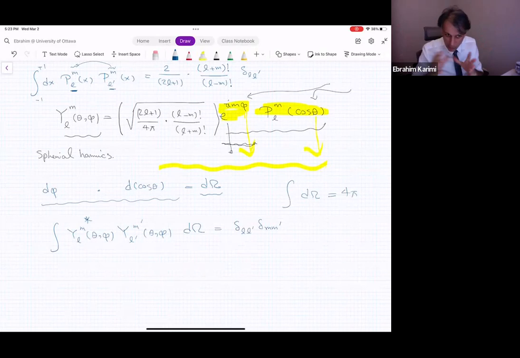Now, with Y_lm, I built up a function which is orthogonal in both m and l. And also they are a complete basis because the harmonic, which is e to the power of i m phi, is complete, and P_lm of cosine of theta is also complete.